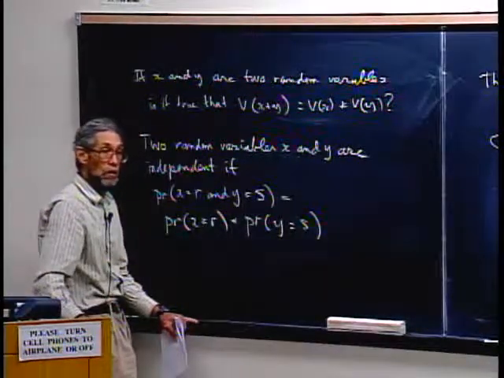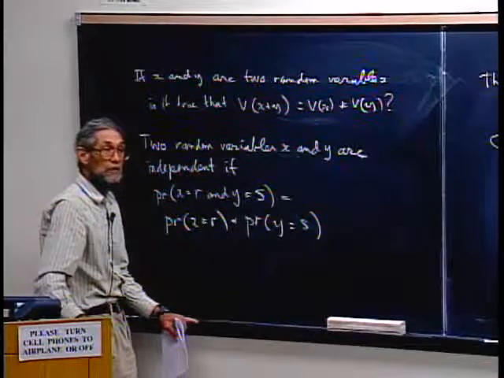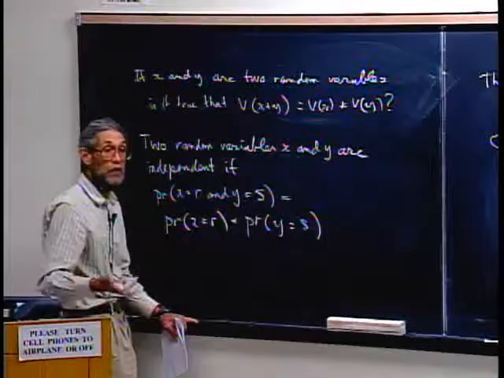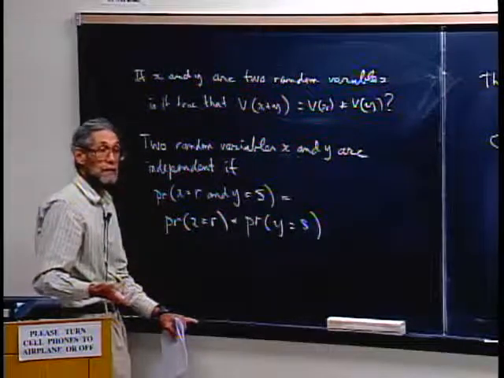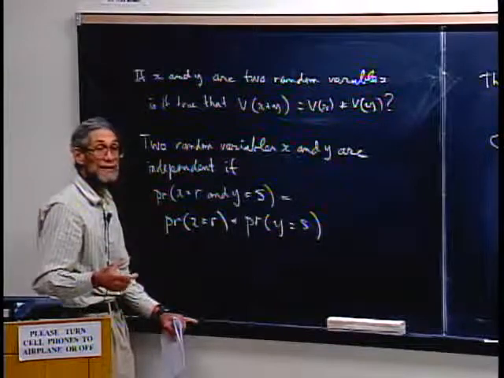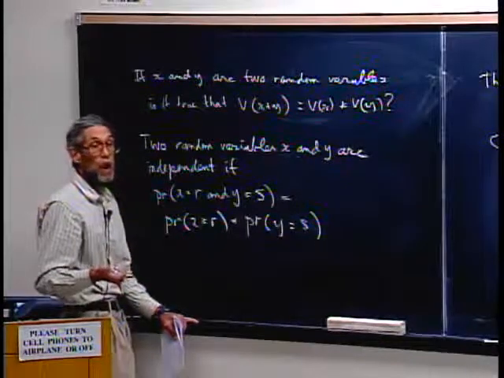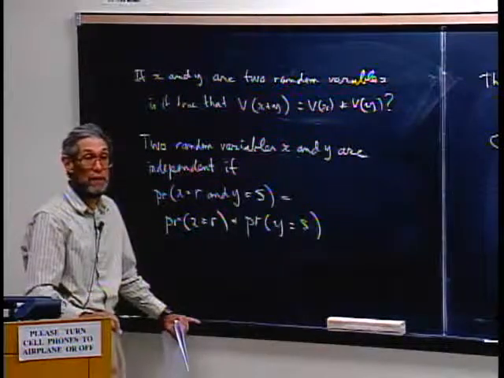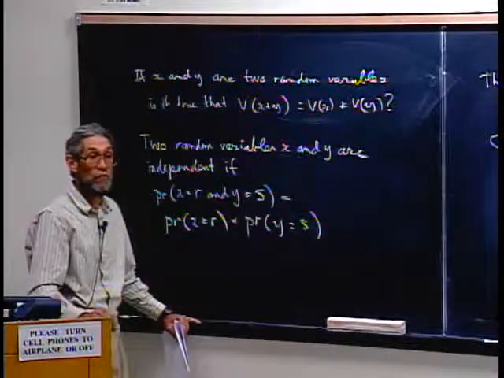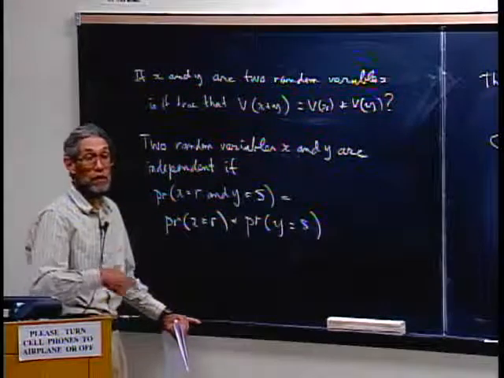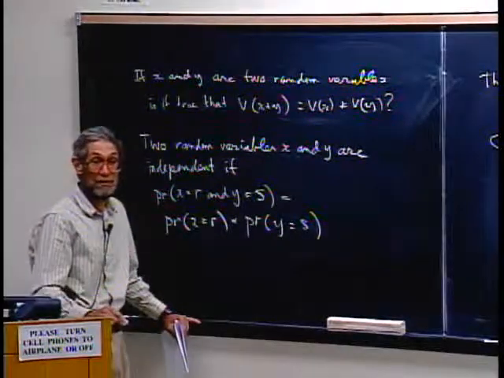Okay, so if I had two die and I threw them, and there weren't some sort of mysterious magnets connecting them or something where the first toss affected the second toss, they'd be independent, right? The probability that I get 1 on the first and 3 on the second would be a 36th, one of 36 equal chances.